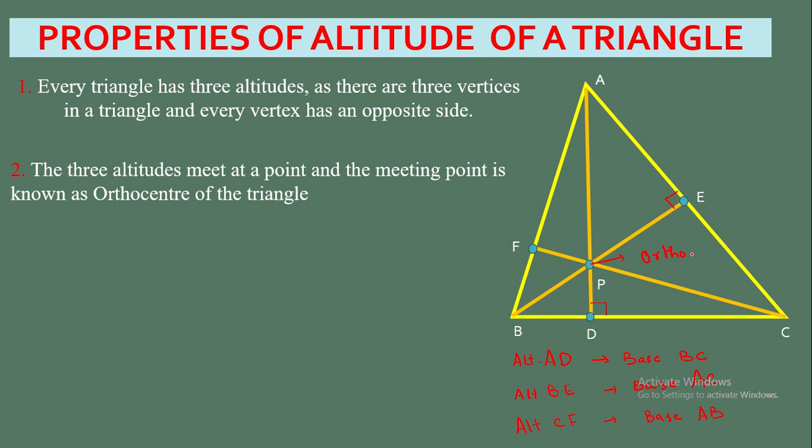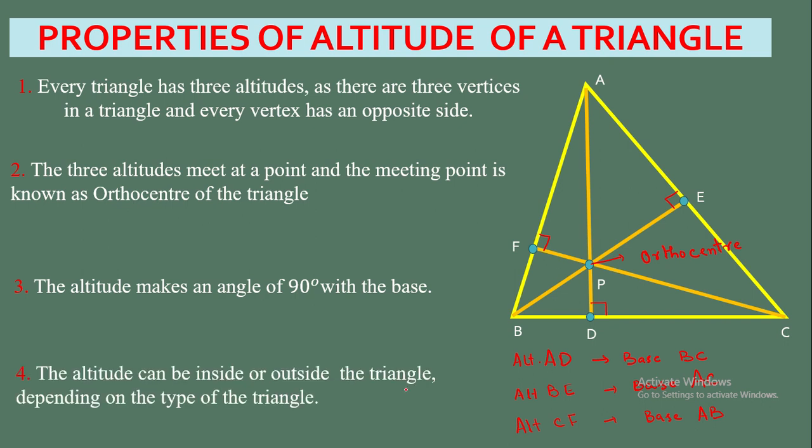In the case of medians, the meeting point of the medians of a triangle is known as the centroid, but the meeting point of the altitudes of a triangle is known as the orthocenter. Then this altitude makes a 90-degree angle with the base, as we said that it is a perpendicular drawn from a vertex to the opposite side. So it's obvious that it makes a 90-degree angle.